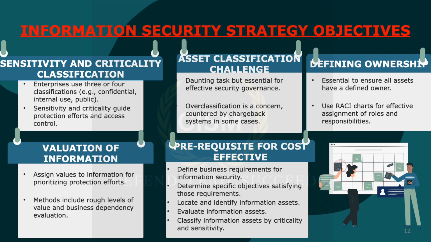Friends, after covering all these topics, we can say that the development of a cost-effective and aligned information security strategy hinges on a meticulous process. Friends, this involves defining a business requirement for information security, determining specific objectives that satisfy those requirements, and undertaking a comprehensive assessment of information assets and the resources.